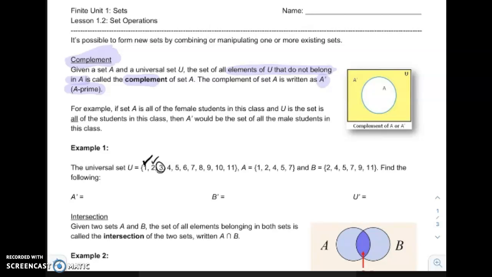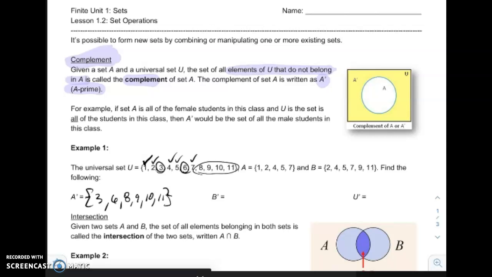So 3 is part of the complement. 4 is in A, 5 is in A, 6 is not. 7 is in A, and then 8, 9, 10, and 11 are not. So those are part of A's complement. Those are the elements that are in U, but not in A.